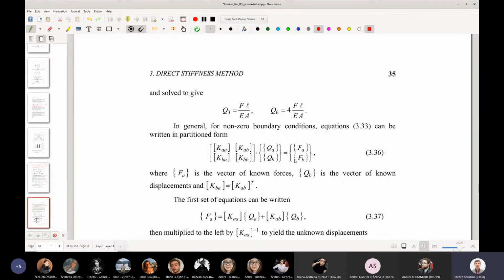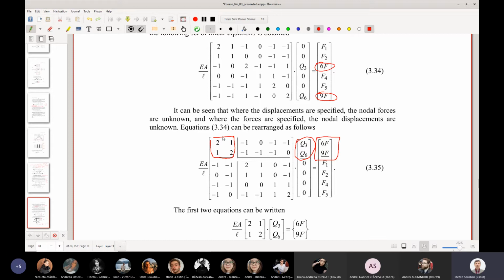After that, if you take a look again at this matrix, this part here is denoted by KAA. This part is denoted by KBB, for example, and this one will be KAB. And this part here is KAB transposed due to the symmetry of this matrix.